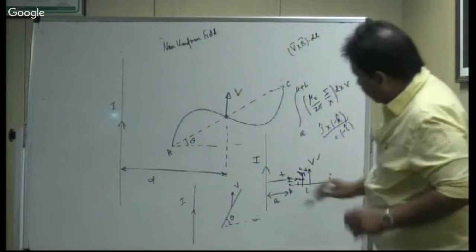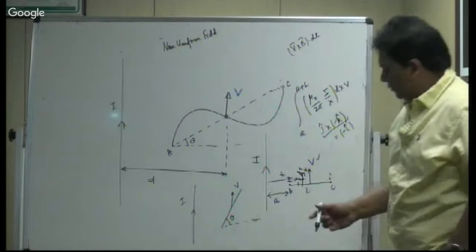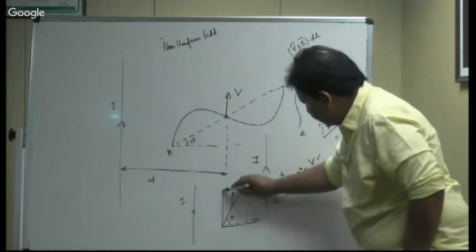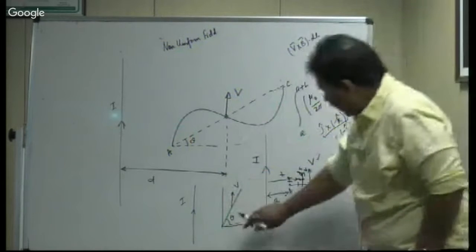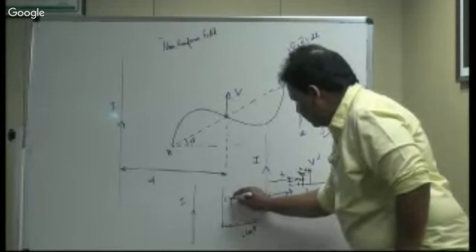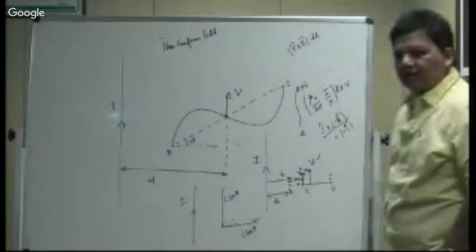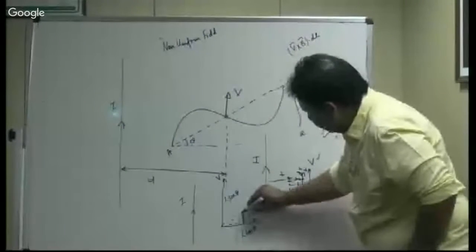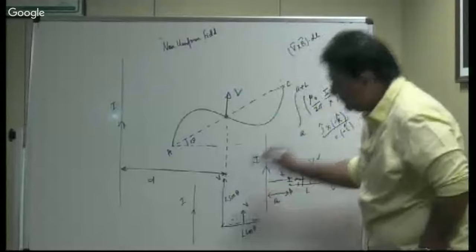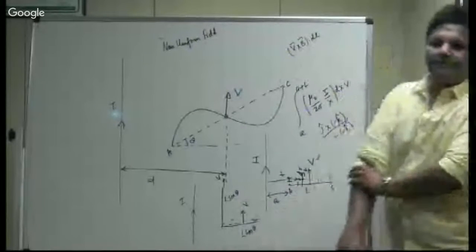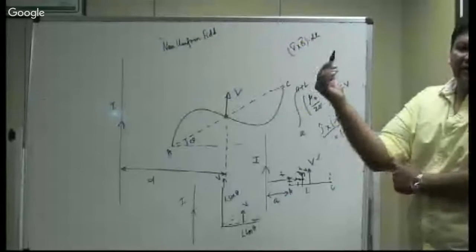इसका मतलब यह हुआ कि अगर मैं ये एज्यूम करूं कि इस कंडक्टर को, if I were to resolve it into two directions, this and this, call this as L cos theta, this conductor would be moving like this and this conductor will be moving like this. Now motion of this conductor will produce no change in flux.